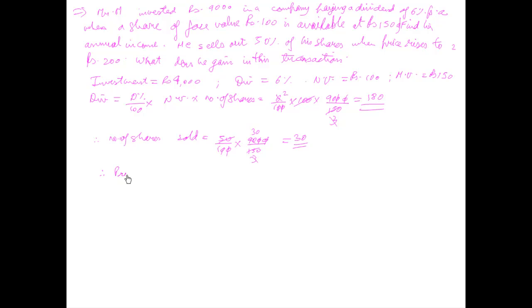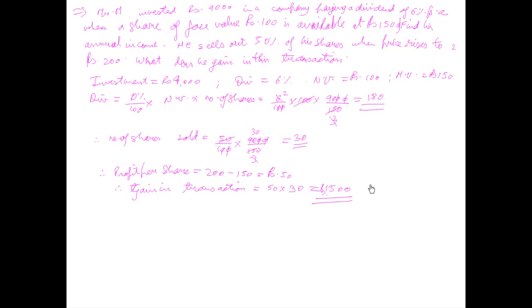So profit per share is 200 minus 150, which is rupees 50. That's the amount he gains. So gain in the entire transaction: he gains 50 rupees for every share he sells, and he sells 30 shares. So he gains 1500 rupees, children. That's his gain in the whole transaction.